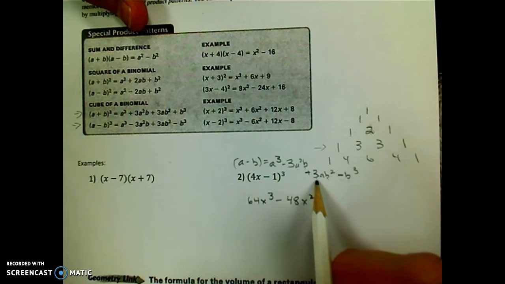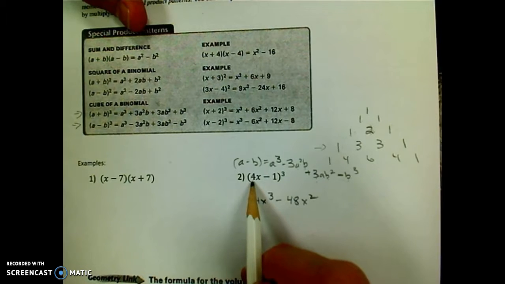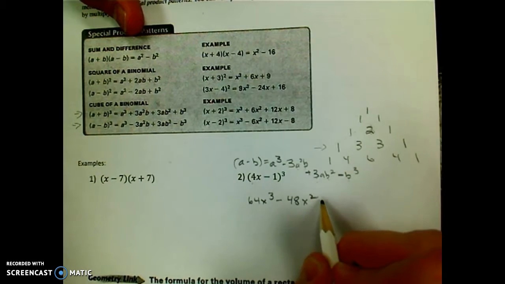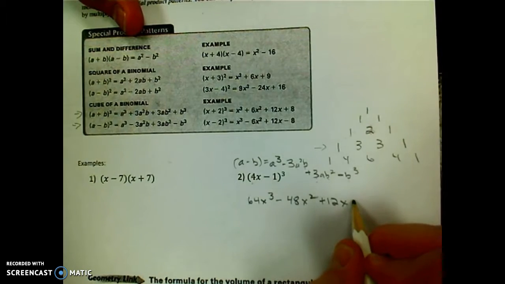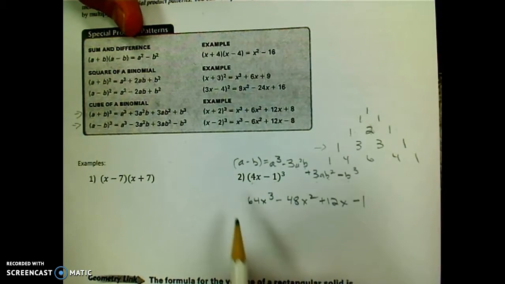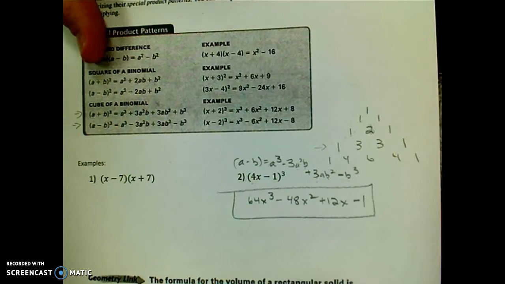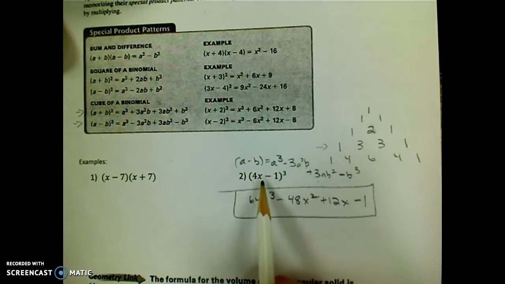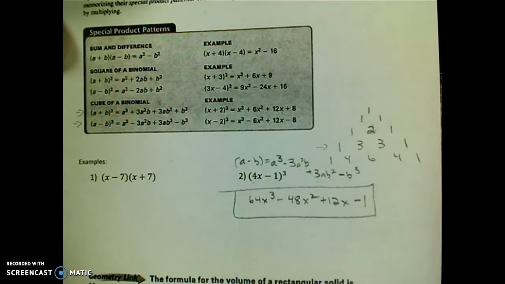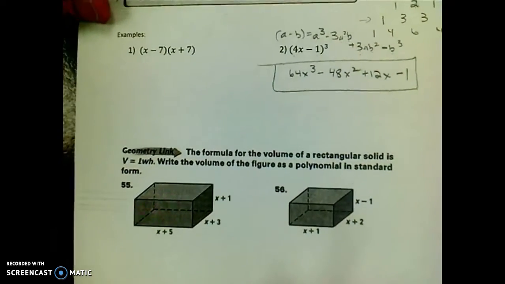Plus 3 times a times b. 3 times a is 12x times b is 1. And then negative 1 cubed. So that's the result of cubing 4x minus 1. And again, you could go ahead and multiply that out, 1 times 1 times 1, and come up with the same answer.